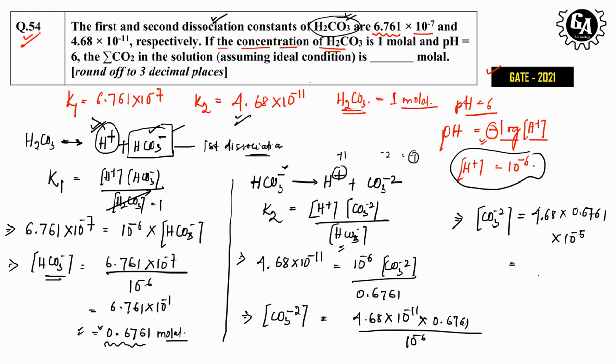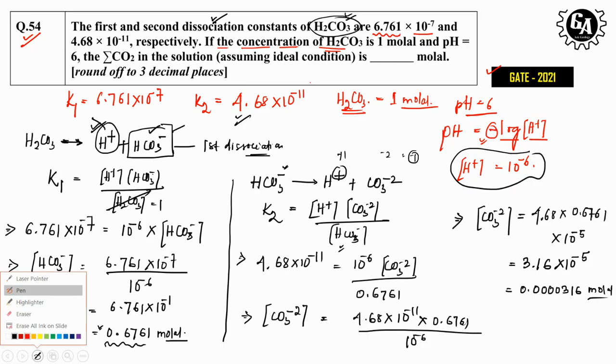If we calculate, the value is 3.15 something, that is 3.16 into 10 to the power minus 5 molar. Okay, now we have found out the concentration.